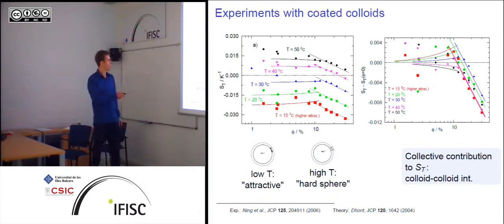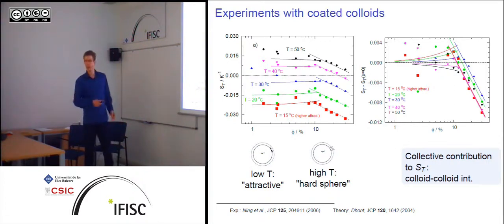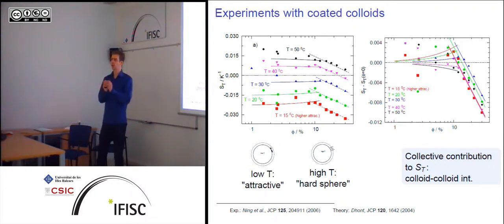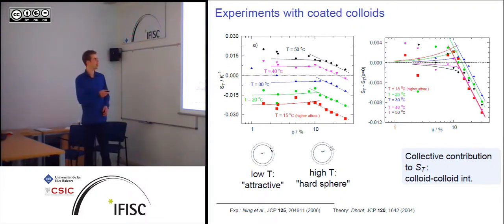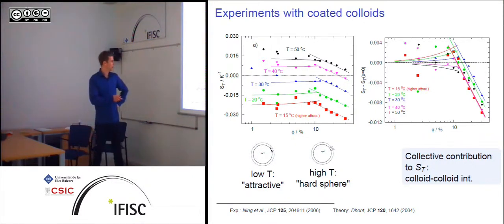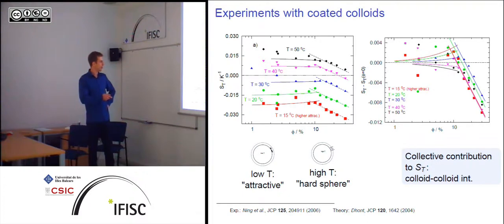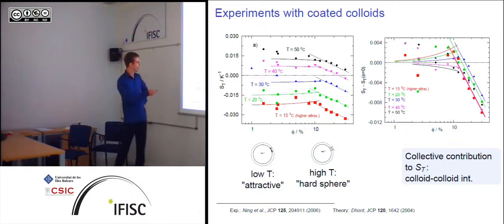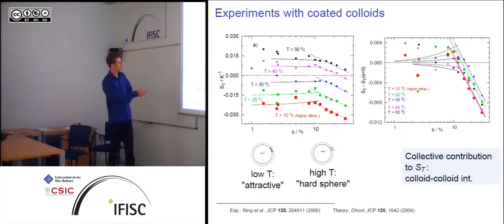But if you increase your volume fraction, then of course interactions among the colloids become important, and that's where this coating comes into play. Because this coating consists of long-chained molecules which sit on the surface, and they are coiled on the surface at low temperatures, and then you have an attractive interaction potential between the colloids due to the core of the colloids.